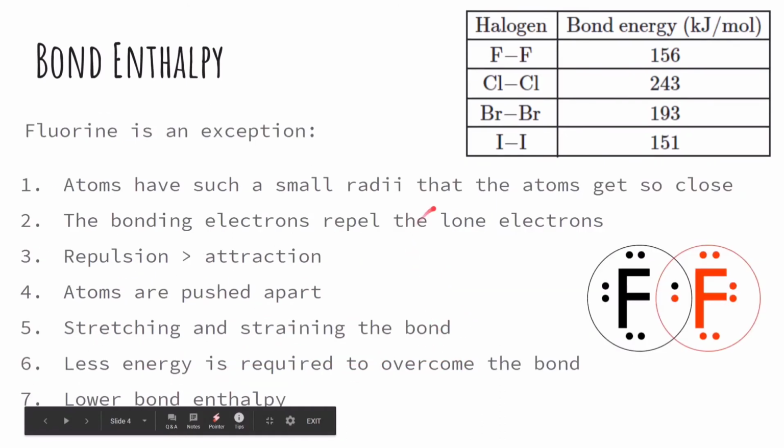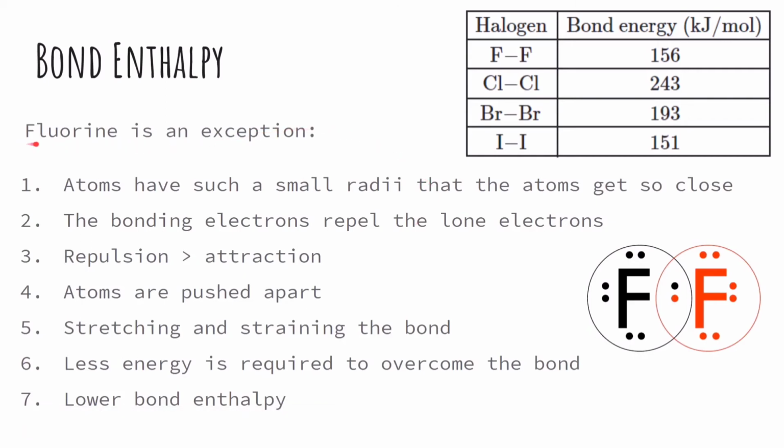Though there is an exception, and fluorine is the exception. This is because its atoms have a much smaller radii, so the atoms can get very close together. The bonding electrons in the covalently bonded diatomic molecule repel the lone pairs of electrons on the fluorine atoms because they get so close together.